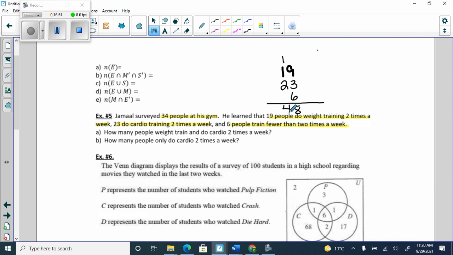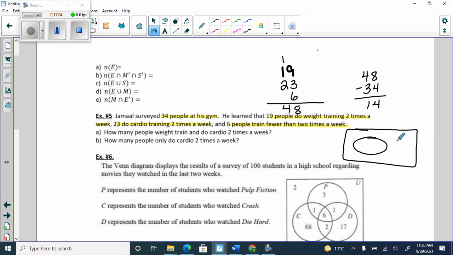However, I only have 34 people. So 48 minus 34, I get 14 overlapped. So weight training and cardio is 14. How many weight training only? 19 minus 14, which is 5.